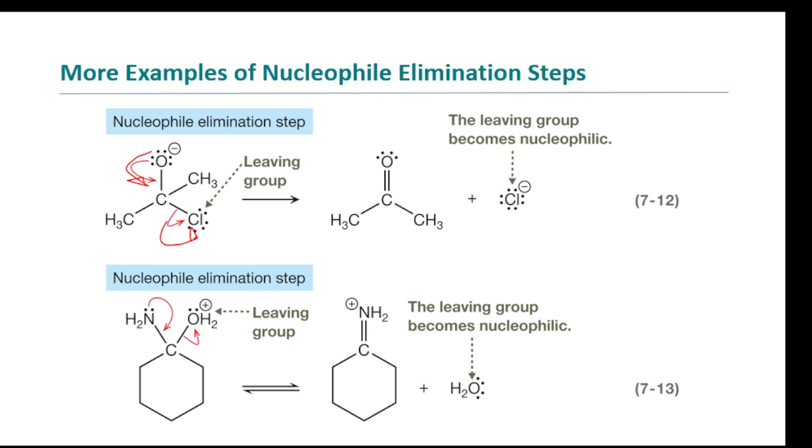Okay. Let's look at this one now. So right here we have the elimination step, and what we see is a water over here, right? See, that's an H2O. And over here we have an amine. Okay? And so the electrons are up on the amine right now, and they can go down into a double bond, leaving a positive formal charge on nitrogen, and they can get rid of the positive formal charge off of the oxygen.